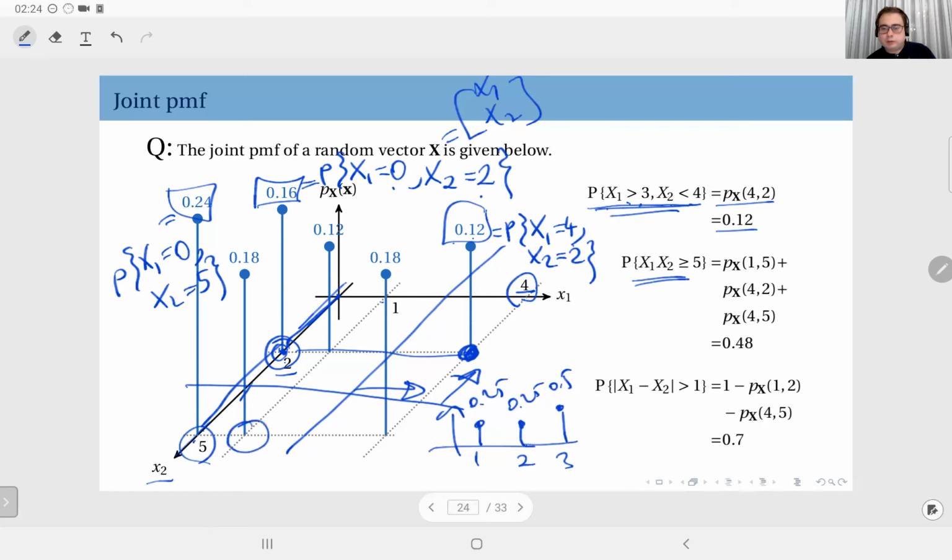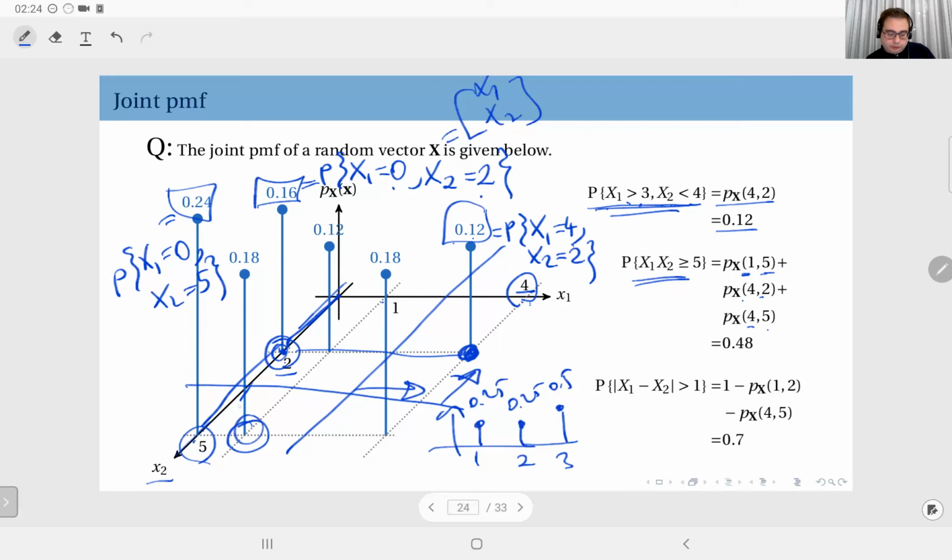So (1, 5) satisfies this: X1 is 1 and X2 is 5. And when I have X1 equal to 4, both X2 being equal to 2 and 5 satisfy this event. Therefore, you have to add these three PMF values.